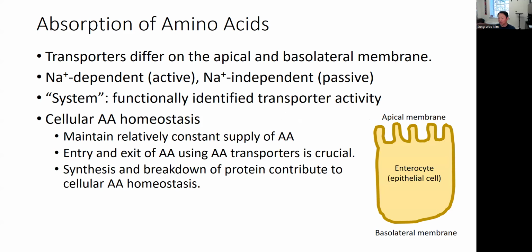Let's talk about amino acids first. When the proteins are digested to individual or free amino acids, they are absorbed into the enterocyte, which is the intestinal epithelial cells in the small intestine.